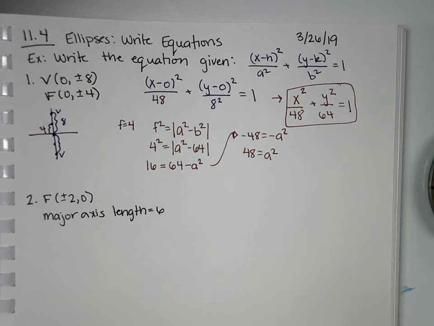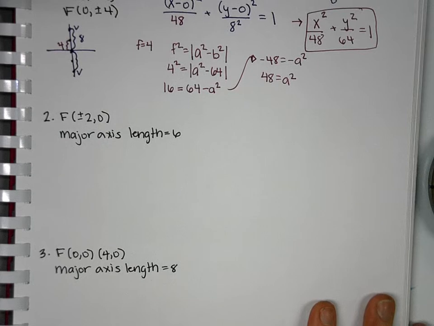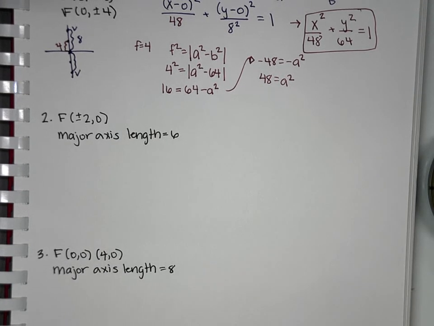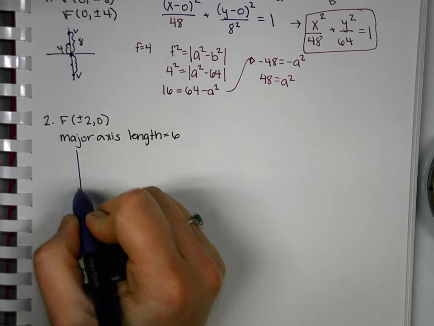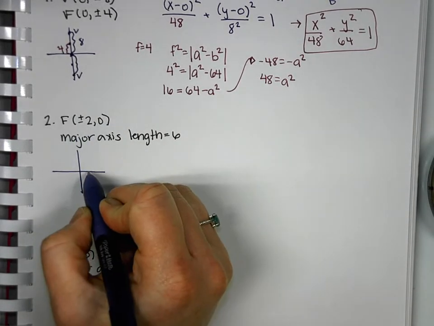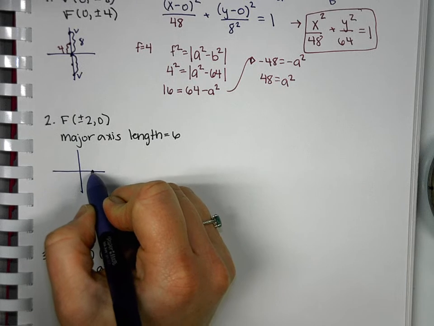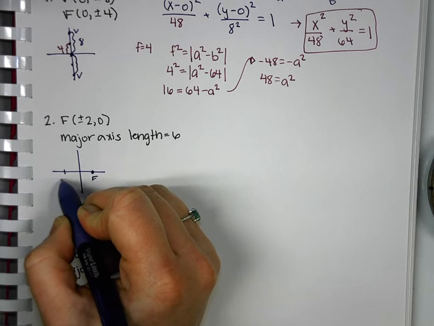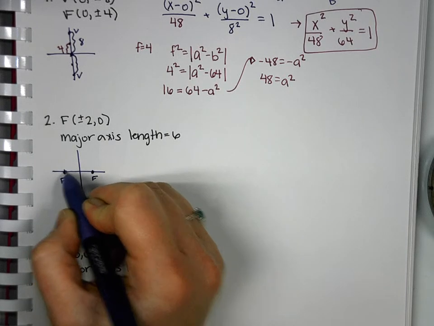So if we look at number 2, we're given the foci and the major axis length. So again, I'm going to do my little sketch. Over here, I have 2, 0. That's one focus. And I have negative 2, 0. That's my other focus.